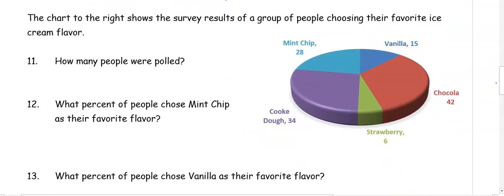The chart to the right shows a survey of a group of people choosing their favorite ice cream flavor. How many people were polled? So we need to add all of these votes together. So when we add 28 plus 34 plus 6 plus 42 plus 15, we get 125 people. What percent chose mint chip as their favorite flavor? So there were 28 that said mint chip out of 125.